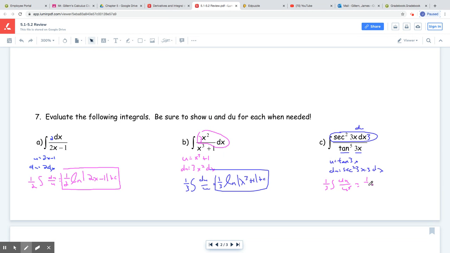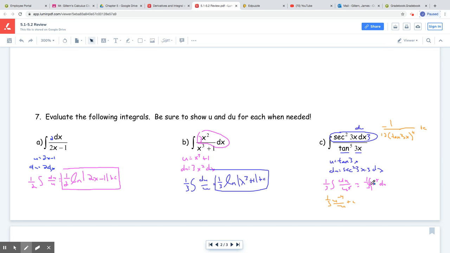So this is 1/3 integral of u to the negative 5th du. When you integrate that, you get 1/3 u to the negative 4th over negative 4, plus c. So your answer is negative 1/12 tangent 3x to the 4th power, all in the bottom, plus c.